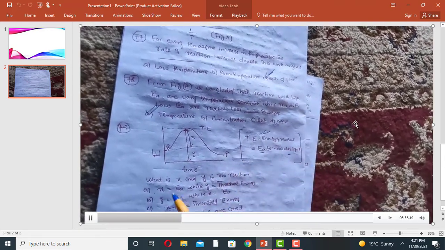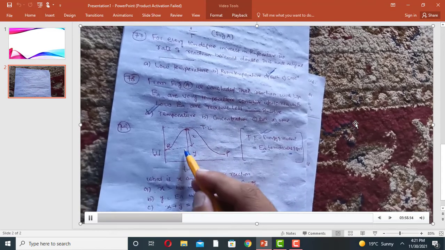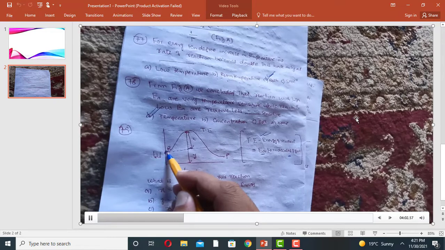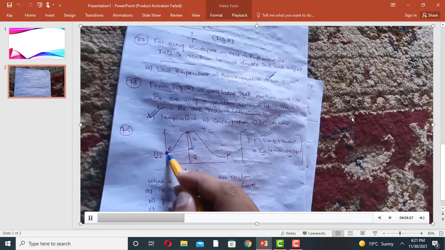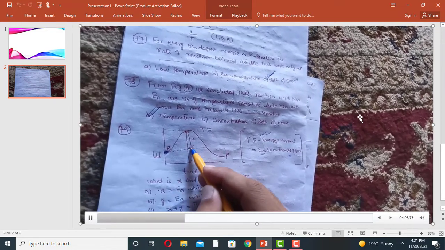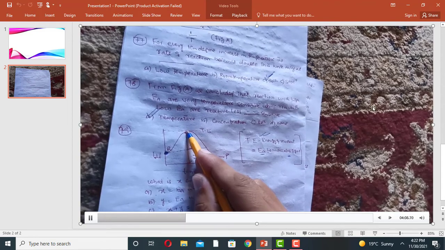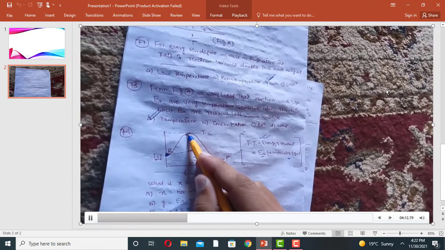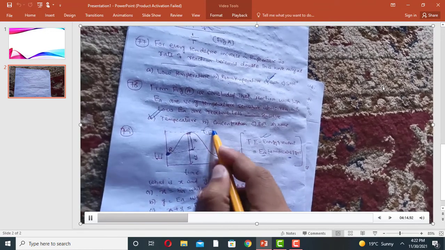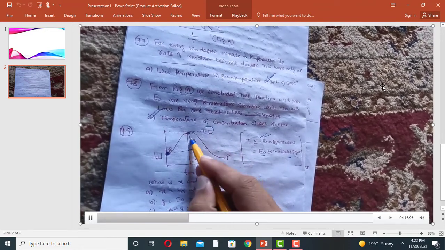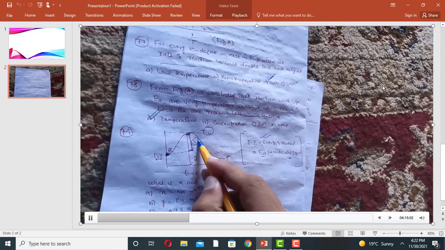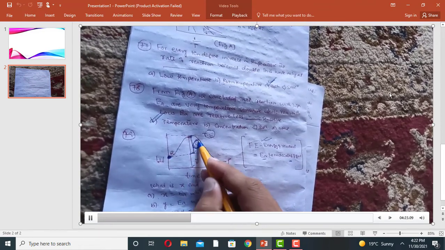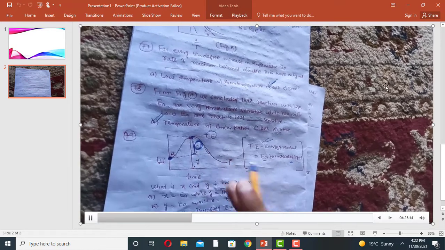So what are X and Y? X is the activation energy. This is the energy of the reactant molecule at the start. When we give it some energy to reach a high energy, this energy is called the threshold energy, and this X is the activation energy which we give to our reactant molecule to form the activated complex, and then from the activated complex it will form the product.